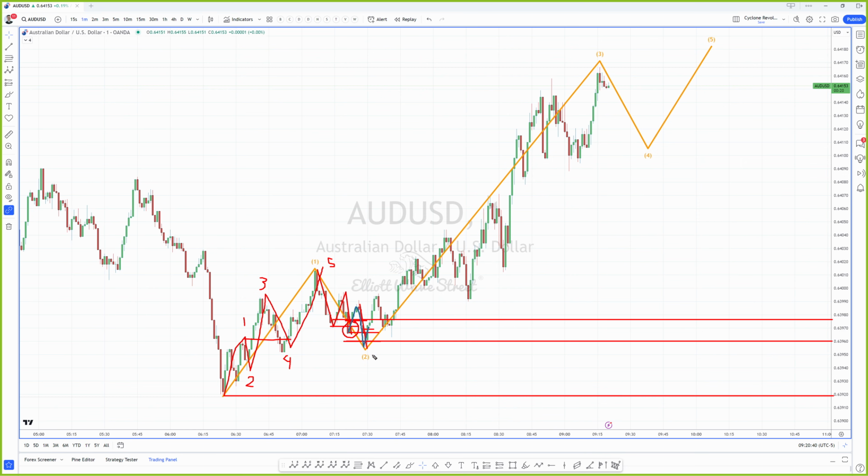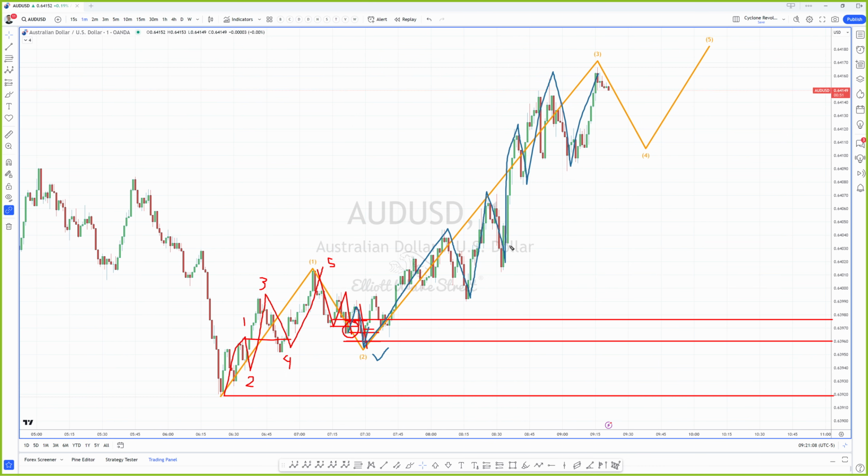Then after the second wave, when the wave 2 is over, we're expecting the wave 3. So the wave 3 starts, and we have here 1, 2, 1, 2, 3, an extension, 4, 5, 4, 5. So there sometimes we can have extensions, and more than extensions are the internal waves of wave 3.